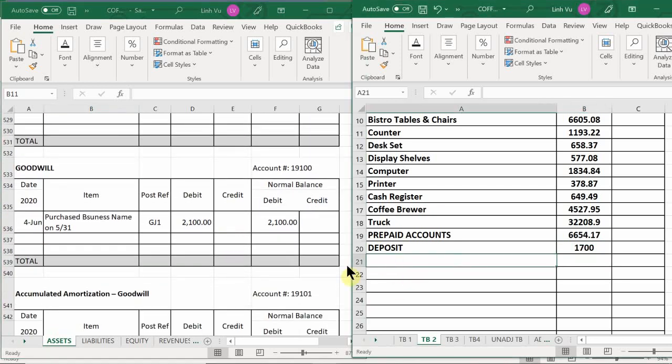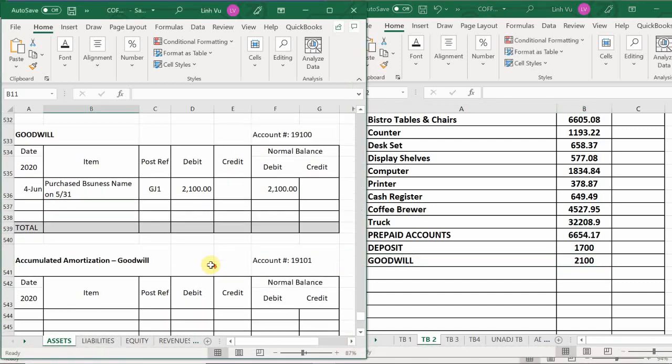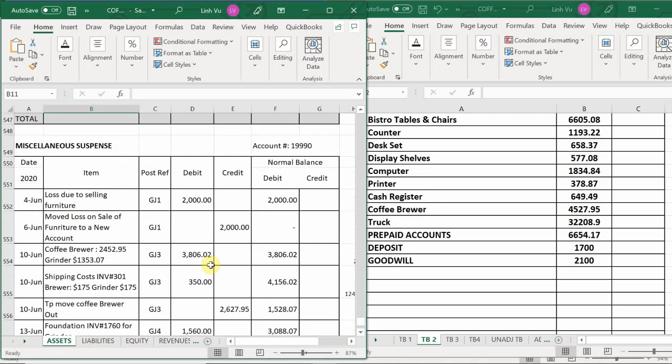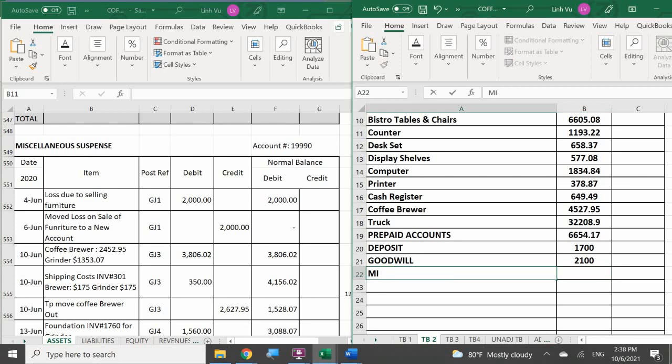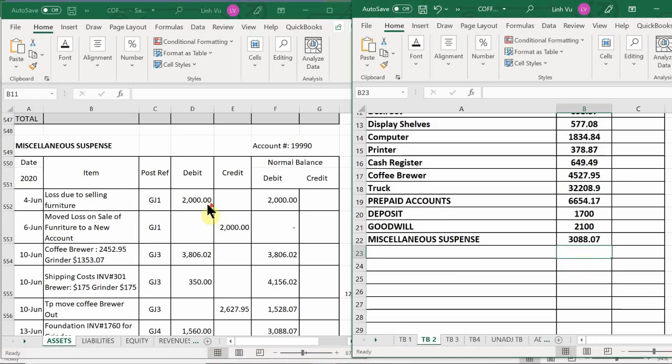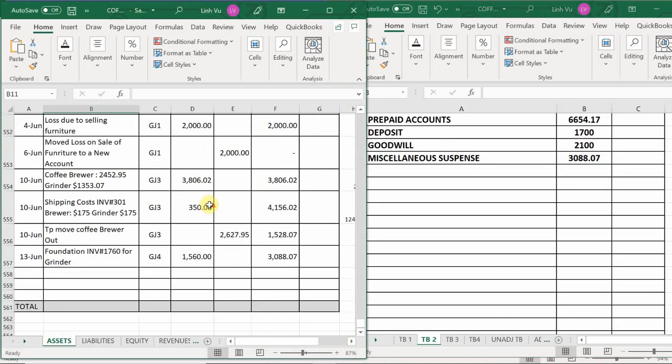Goodwill, yeah, for 2,100. Okay. And miscellaneous expense. Do we have miscellaneous expense? Yes, we do, for 3,088.07. Okay. Good. So that's it for all of our assets.